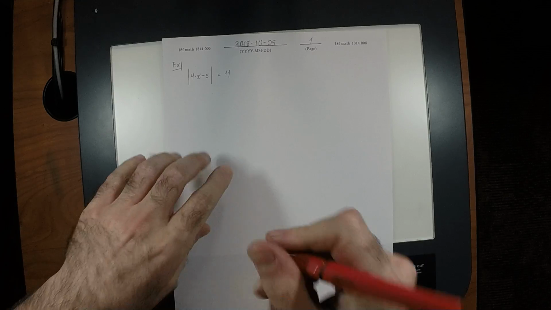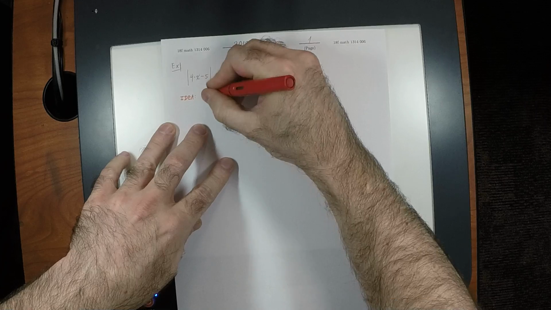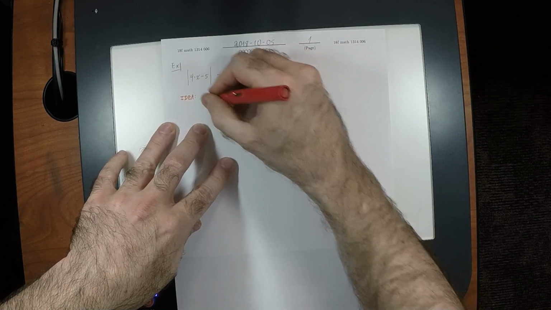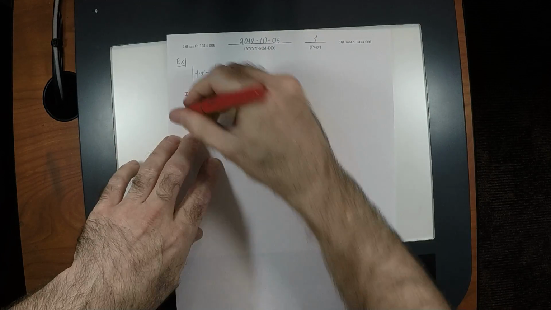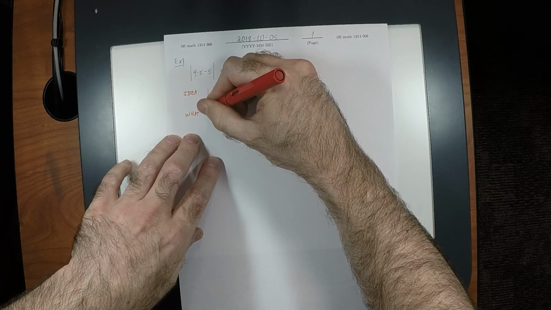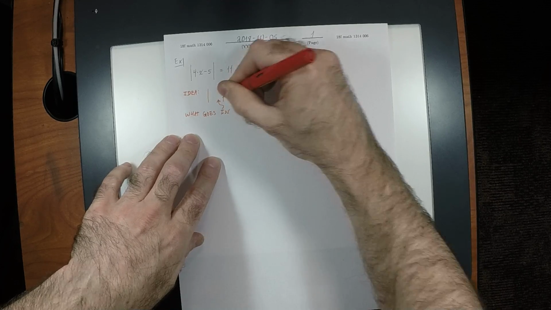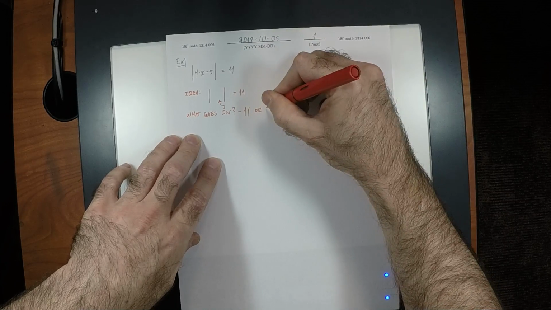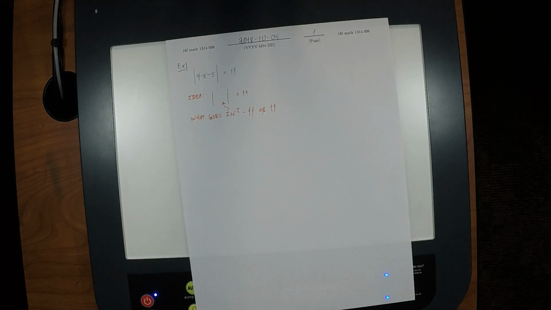So here's the idea: the equation sort of looks like this. Absolute value of something is 11, and what can we put in there? 11 or negative 11 to make it work.